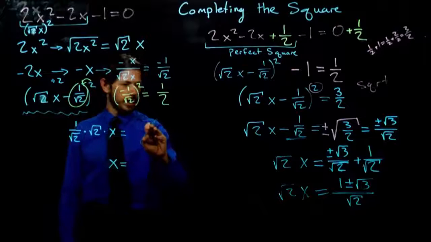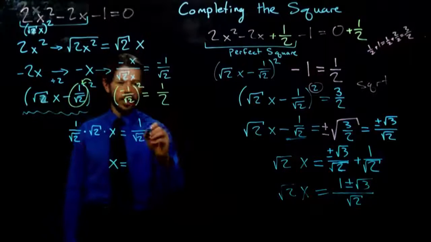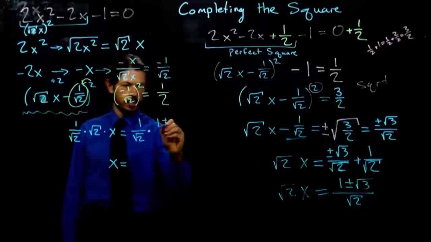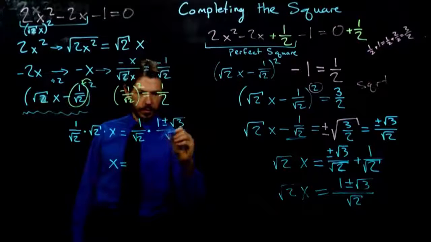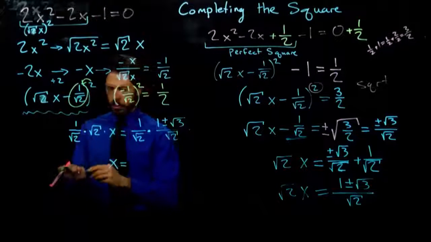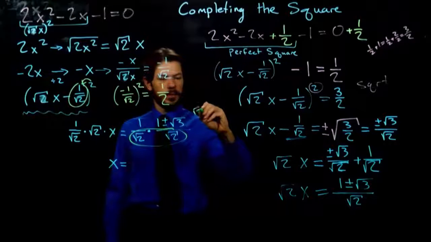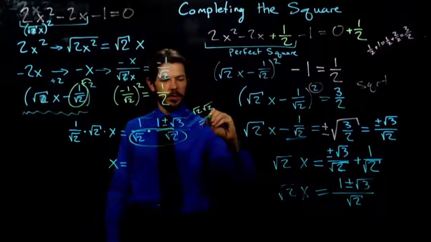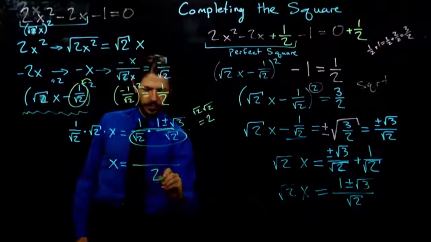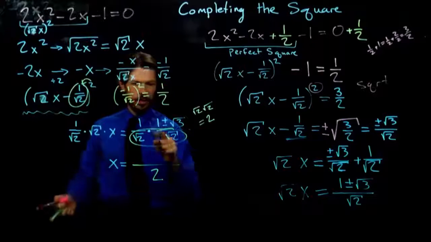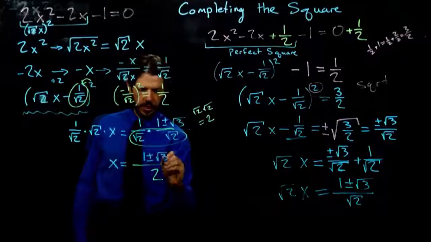And then on this side, it's going to be 1 over the square root of 2 times 1 plus or minus the square root of 3 over the square root of 2. And if we have the square root of 2 times the square root of 2, that's going to be just 2. So this will become over 2. And this is 1 plus or minus the square root of 3 over 2.